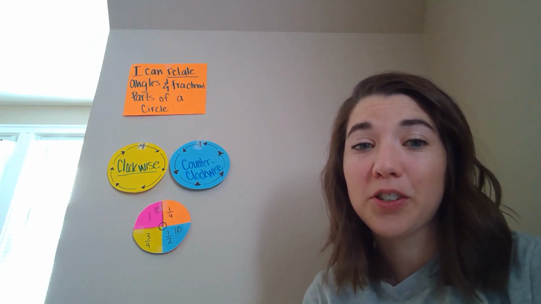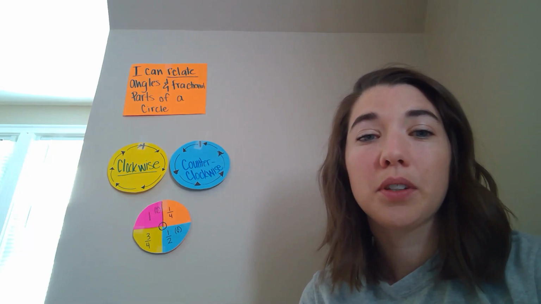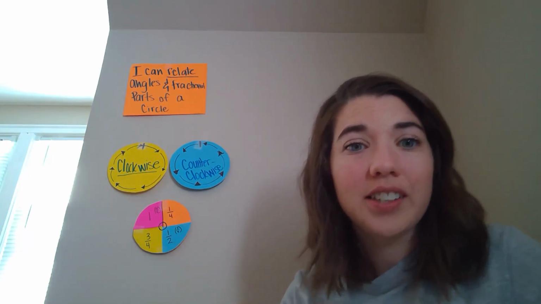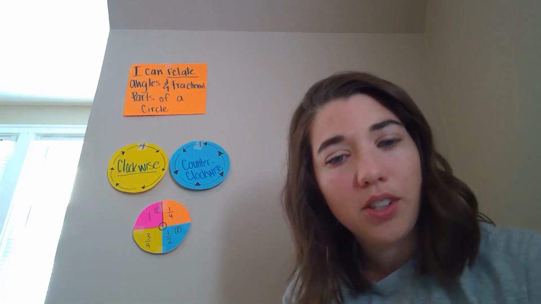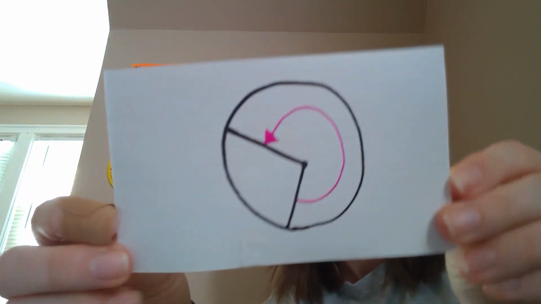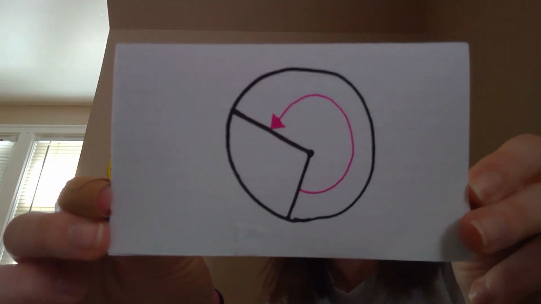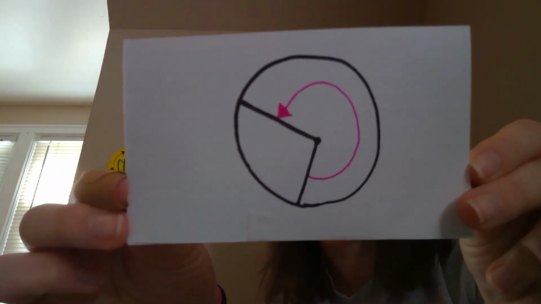All right, now that we've talked about how we're moving within that circle and the fractional parts that we're going to be using, let's do some practice before you have a little matching activity and an assignment to do on your own. If I gave you a circle that looked like this, I know it's not the most perfect circle, pretend like it is.